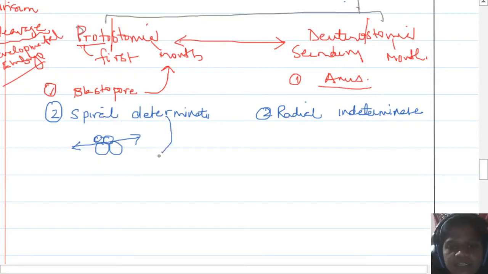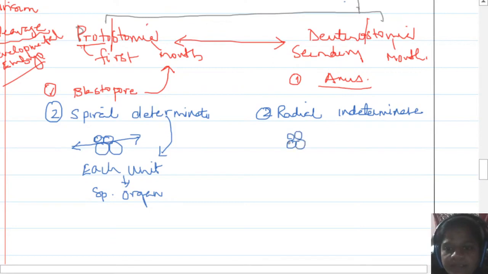It is also called determinate because each unit will develop into a specific organ. So it is already determined at this stage that this particular unit will develop into this particular organ. But in radial cleavage, it is 90 degrees, and indeterminate because each unit is not responsible for a specific organ. They have not started differentiating yet.